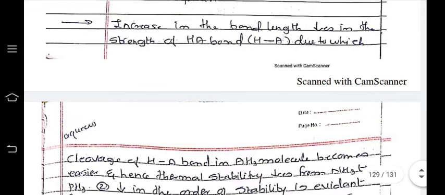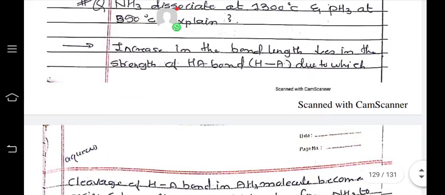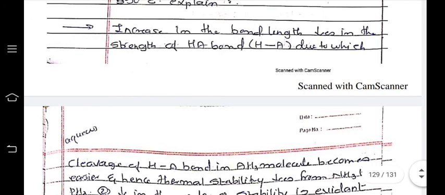Increase in the bond length decreases the strength of the H-A bond, due to which thermal stability decreases.